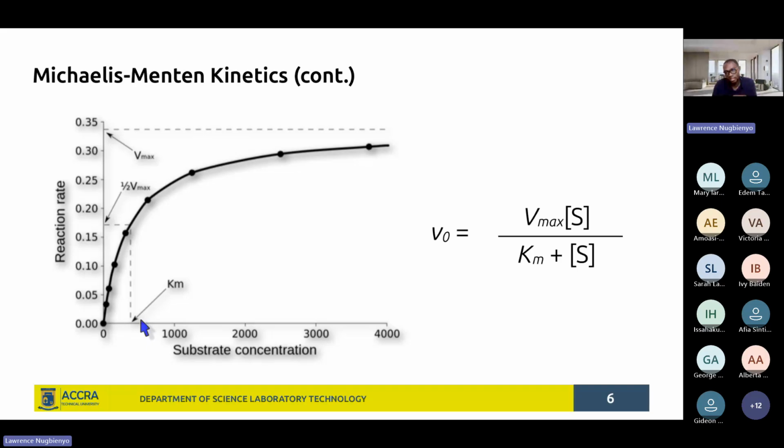In other words, the greater the Michaelis-Menten constant, the lesser the affinity of an enzyme to a substrate. Another way, the lesser the Michaelis-Menten constant, the higher the affinity of an enzyme for a substrate.